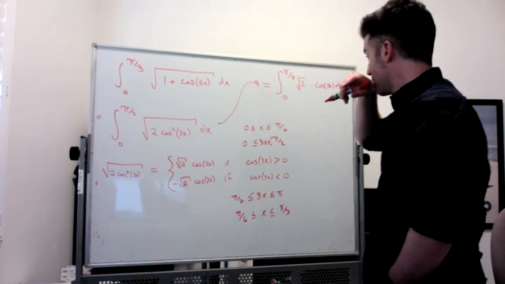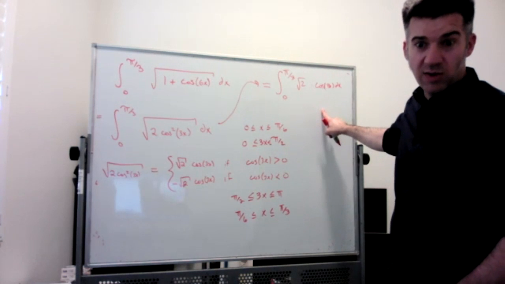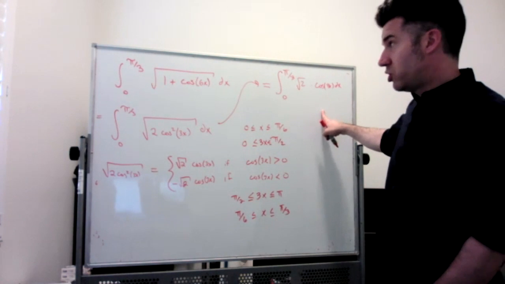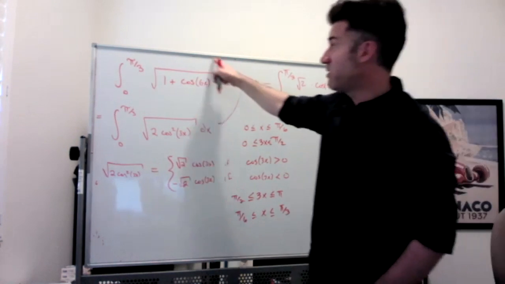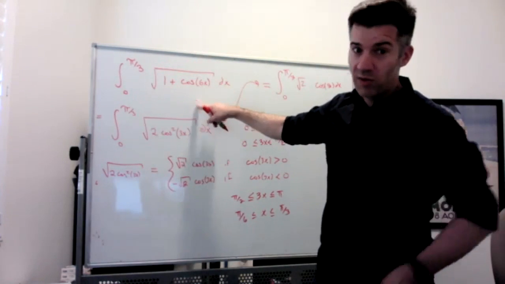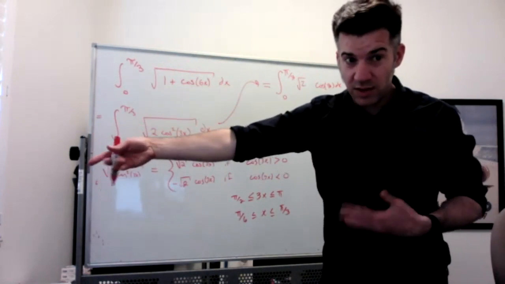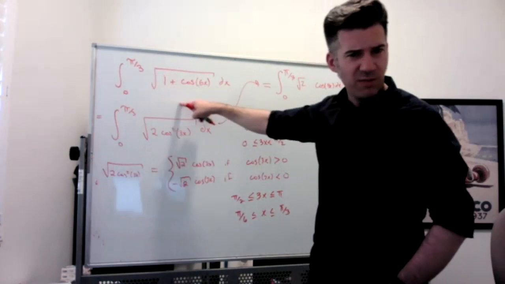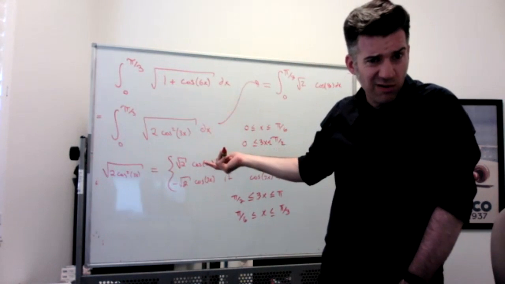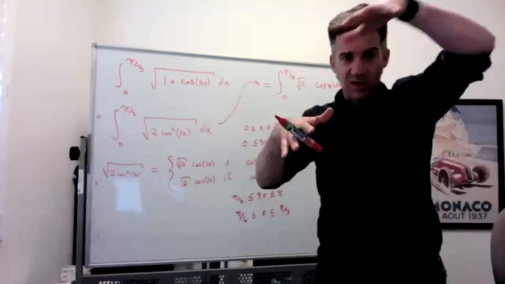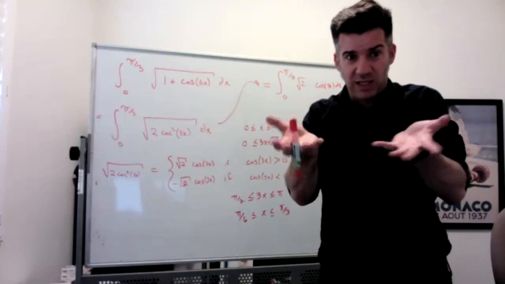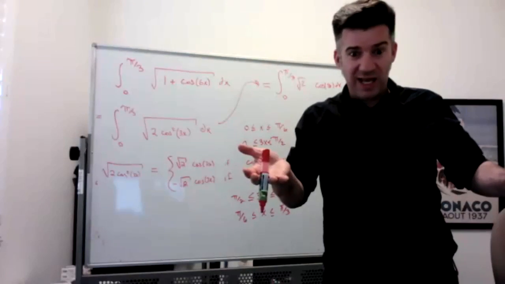Yes. If you did this, you would actually get 0. But it shouldn't be 0 because this function, a square root always gives you a positive result. So if you're integrating something that's always positive, it shouldn't equal 0, right? You're integrating a function that's always above the x-axis. You have some positive amount of area, and there's nothing below it to cancel that out.